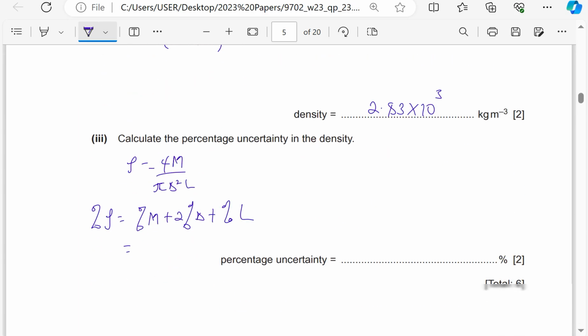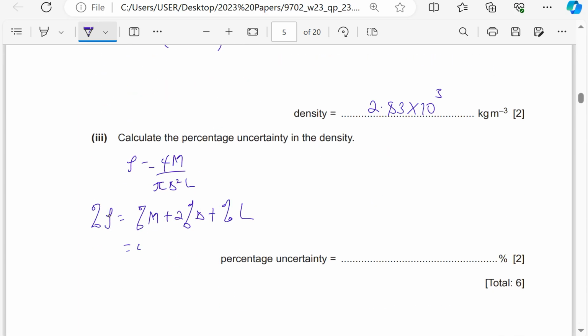So I'll simply say M, which is 0.4, plus 2 times 0.4, plus L, which is 0.6. So this is 0.4 plus 0.8 plus 0.6, which is 1.8.